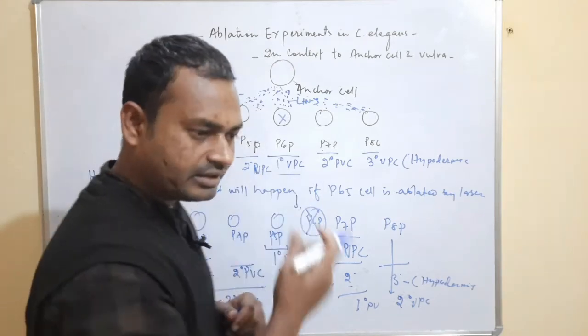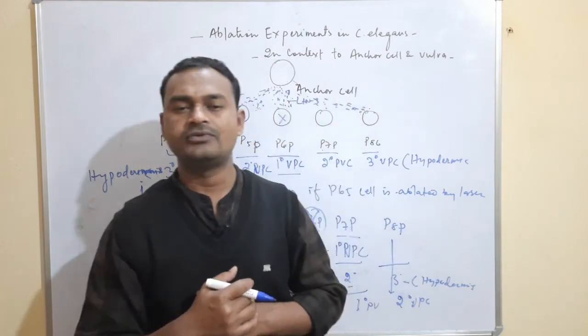So we come to know that if P6.p is ablated, then what will happen?